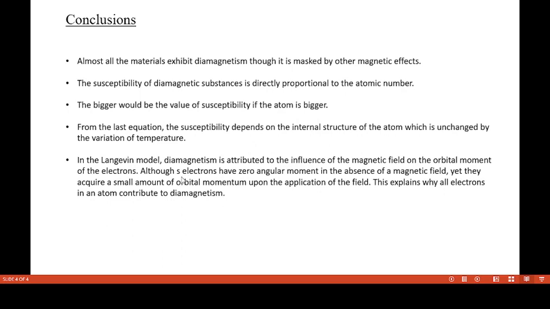For s orbital, L equals 0, which means angular momentum is 0. But in case when an external magnetic field is applied, these s electrons as well acquire a small amount of orbital momentum upon the application of the field. So this explains why all the electrons in an atom contribute to diamagnetism.